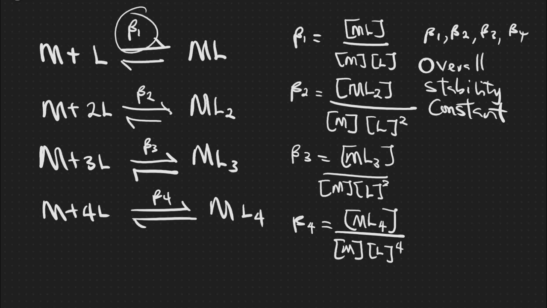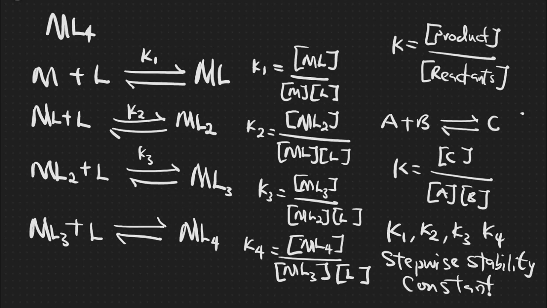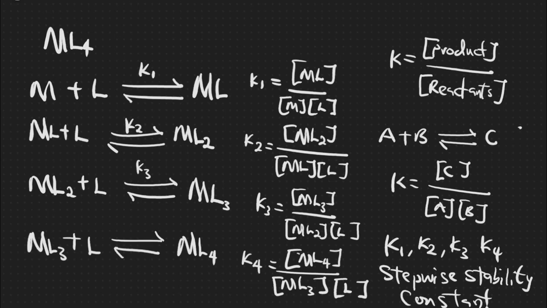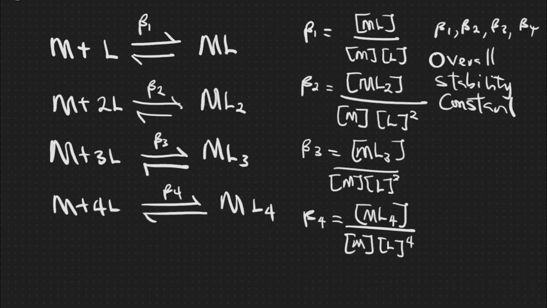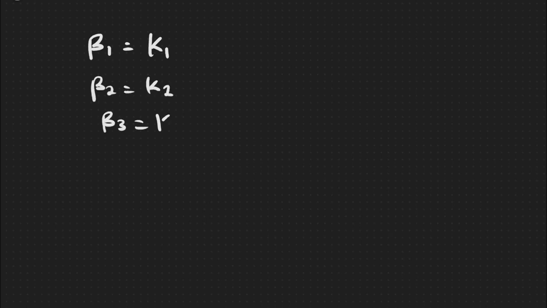Since beta 1, beta 2, beta 3, and beta 4 lead to the formation of the same product, K1 will lead to the formation of this product, and the product is the same as this product, that means beta 1 is the same thing as K1, beta 2 is the same thing as K2.